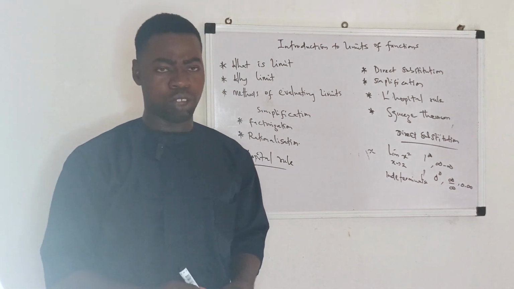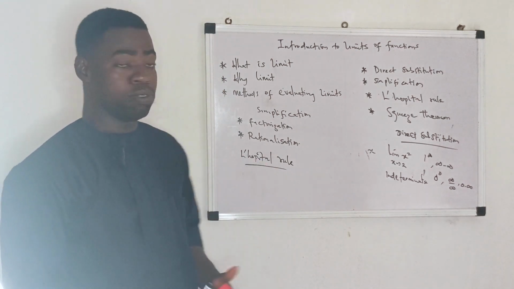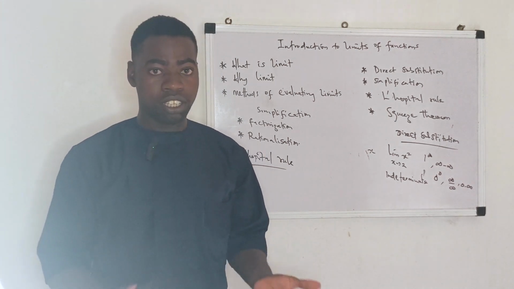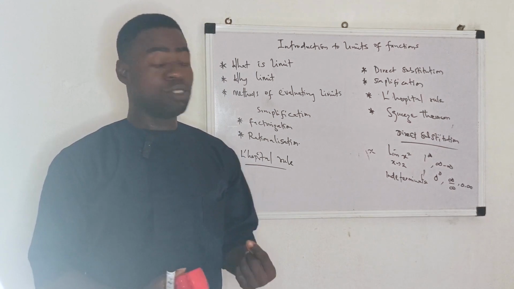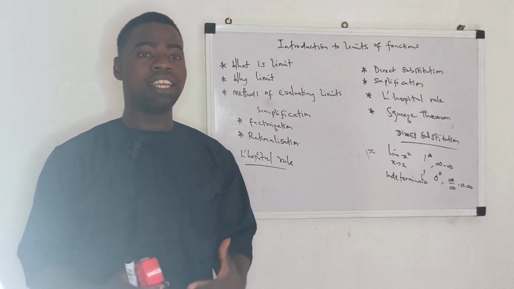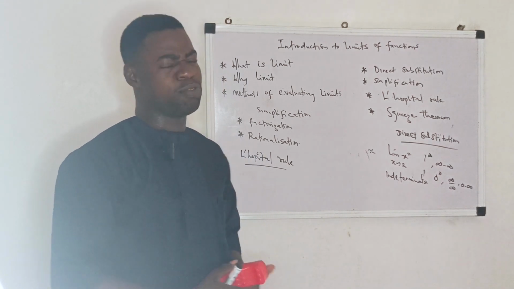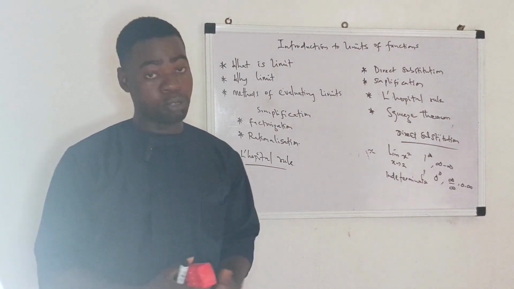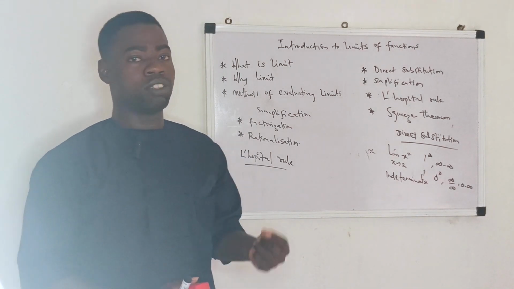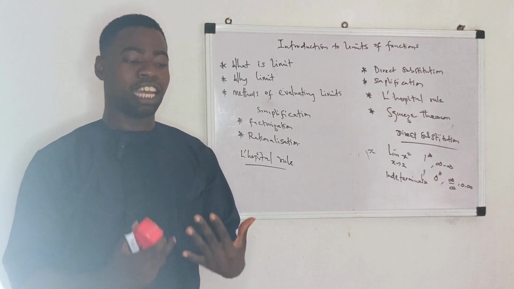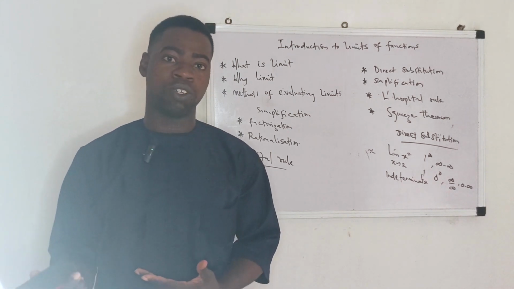Why do I need the L'Hopital rule when I can simply use the simplification method? Yes, I can use the L'Hopital rule when my simplification method fails. Really? Yeah, it can fail. It fails at points where that particular function cannot be simplified further.